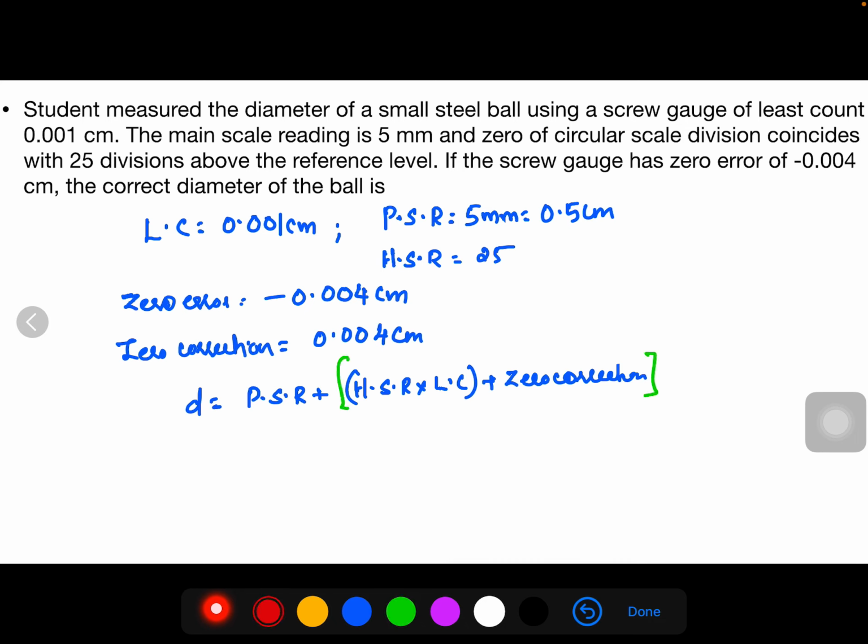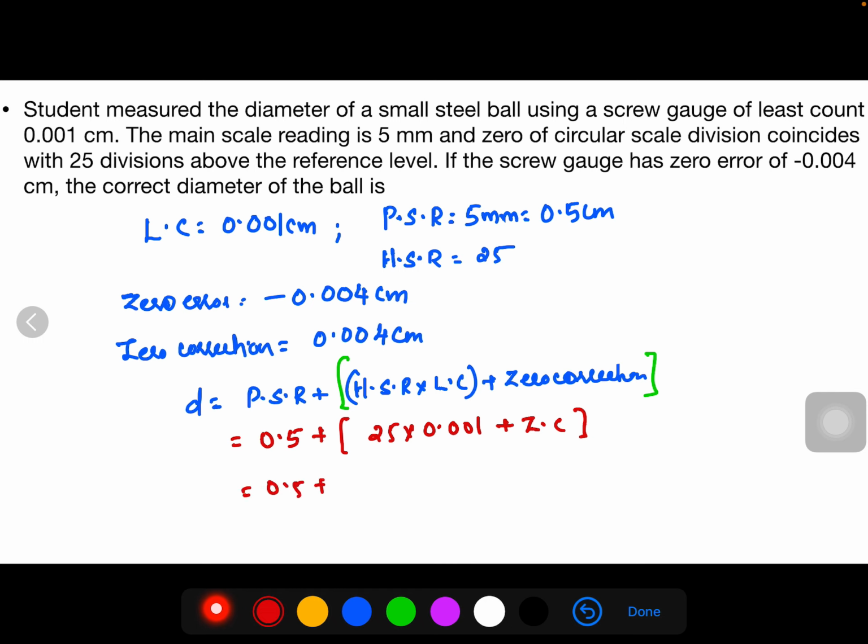So PSR is 0.5, plus HSR 25 into least count 0.001 centimeter, plus zero correction.